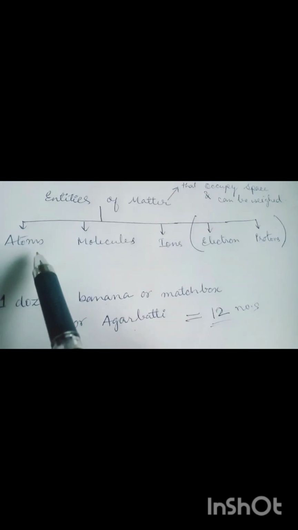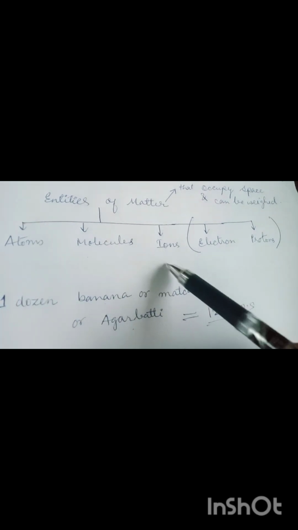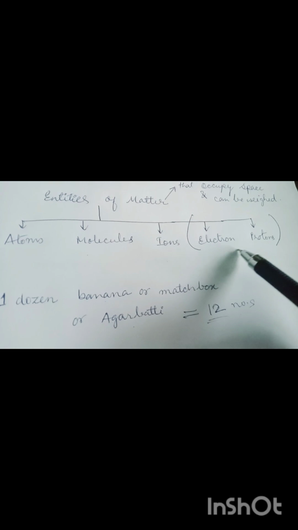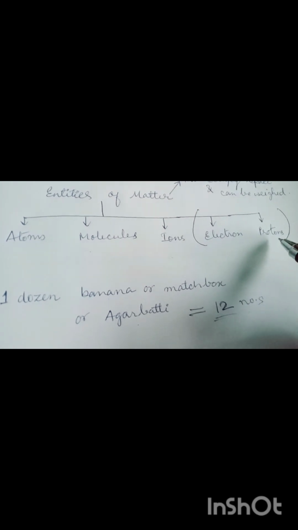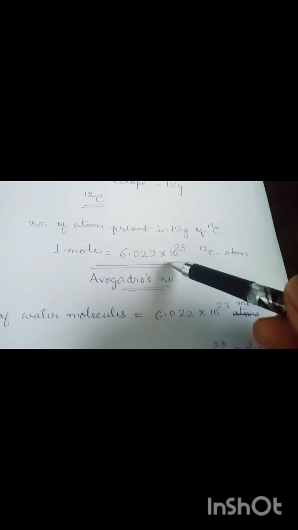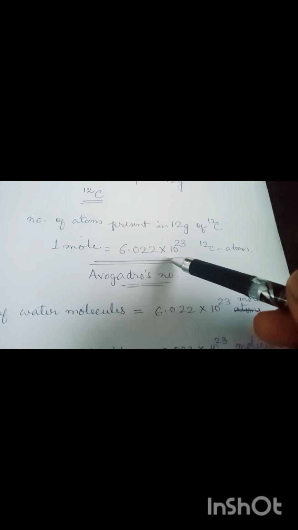Thus, every atom or molecule or ion, basically electrons and protons, has its own mass. Thus, 1 mole of substance contains this much number of entities, and all these entities give some mass.